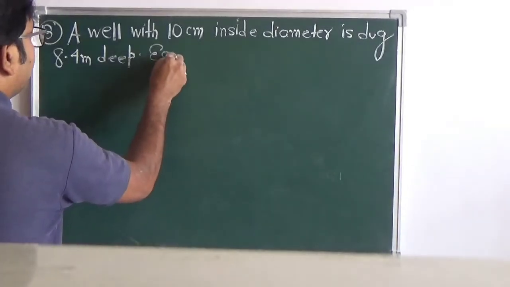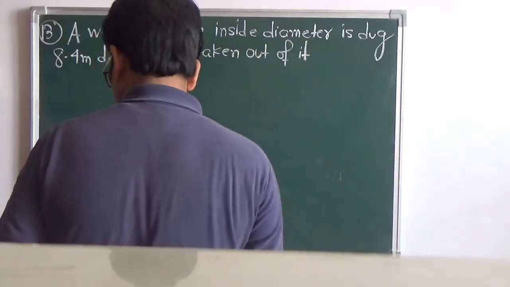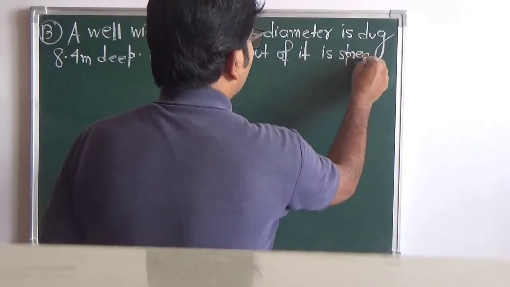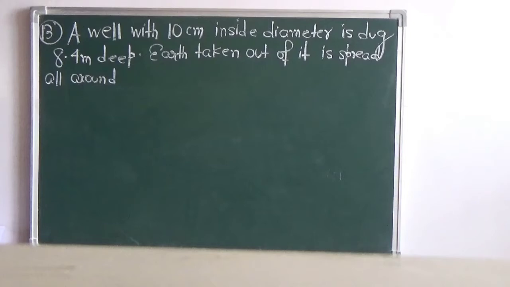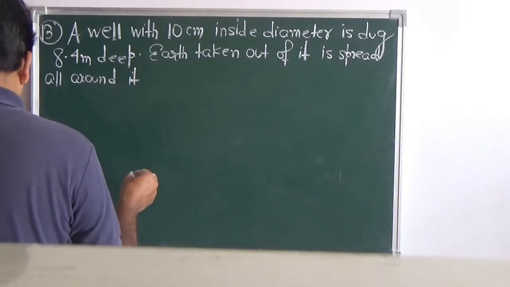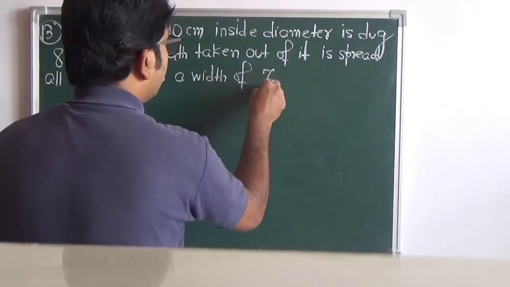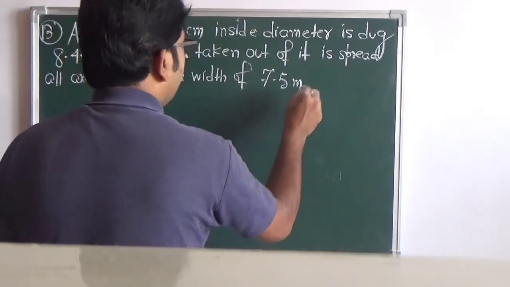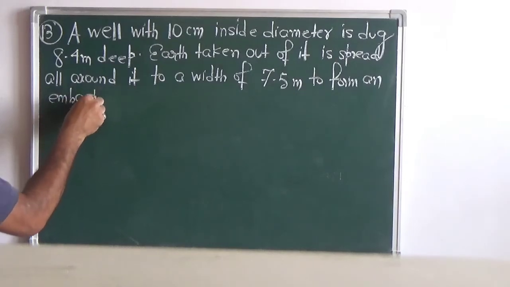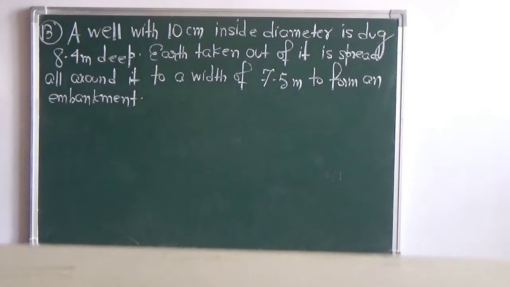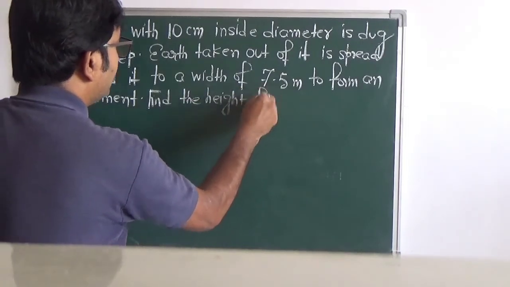Earth taken out of it is spread all around it to a width of 7.5 meters to form an embankment. Find the height of the embankment.